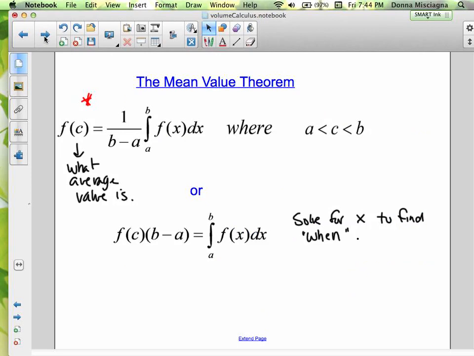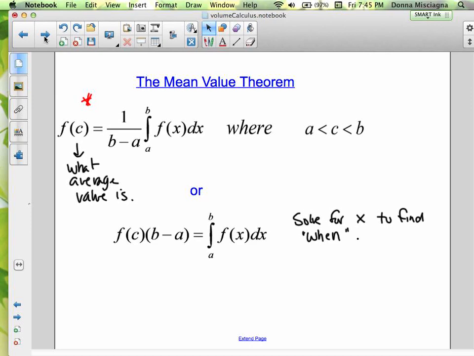So mean value theorem, we're just taking our average value for a function formula, right? The definite integral multiplied by 1 over the change in x. So that gives us what, right?